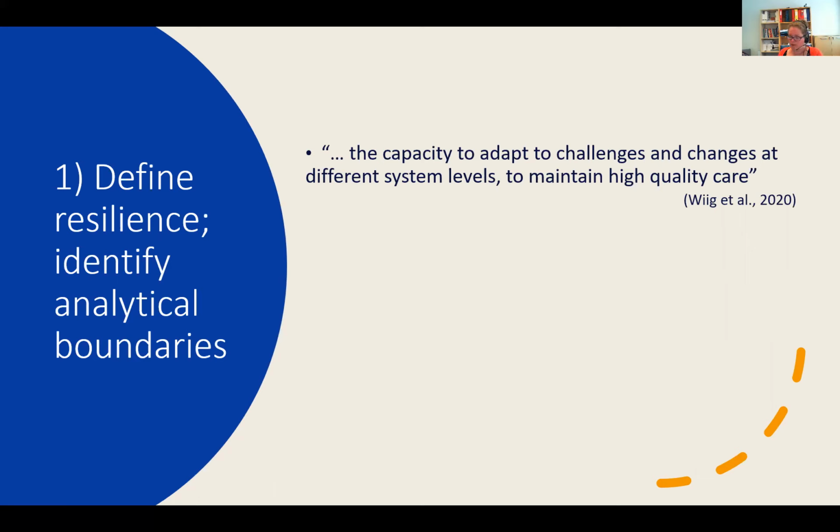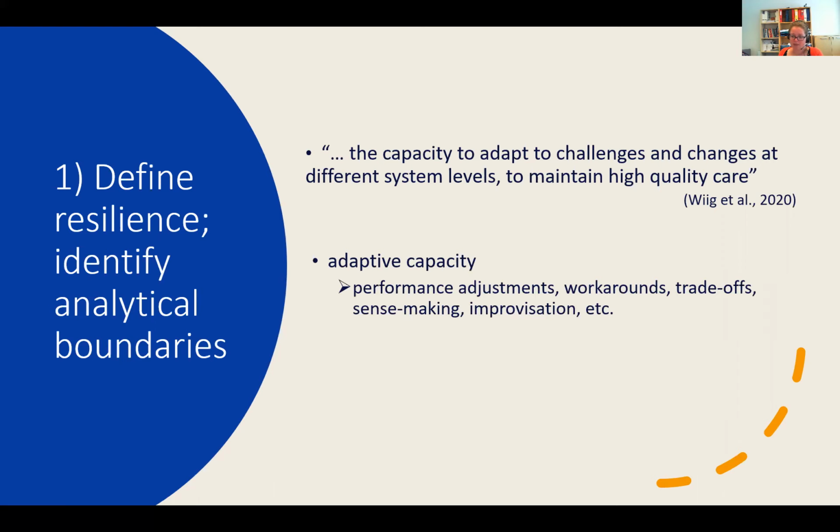And in terms of the analytical boundaries, a central concept has been adaptive capacity, which, to make a long story short, often takes the form of system-wide performance adjustments, workarounds, trade-offs, sense-making efforts, improvisation, and so on.